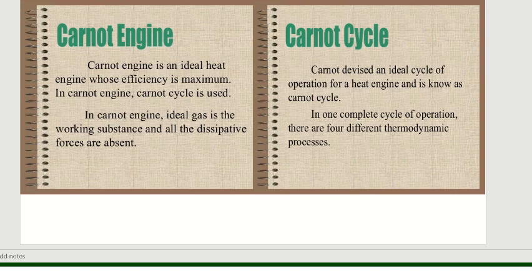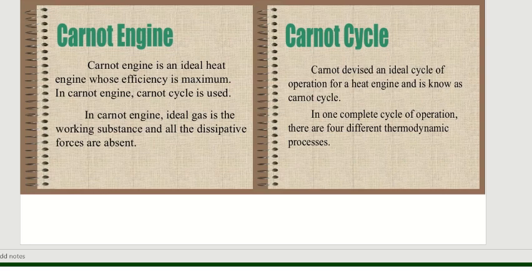And we have a Carnot cycle. This device, that is Carnot engine, is under a cyclic process. That is, Carnot devised an ideal gas cycle of operation of a heat engine and named it as a Carnot cycle. If it completes one cycle of operation, it requires 4 thermodynamic processes.